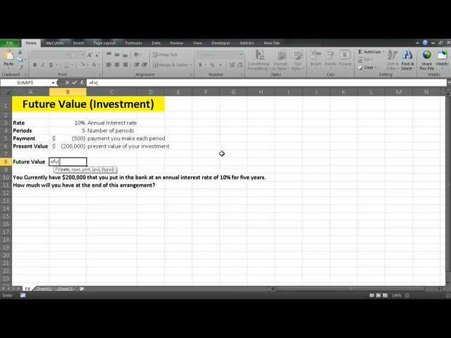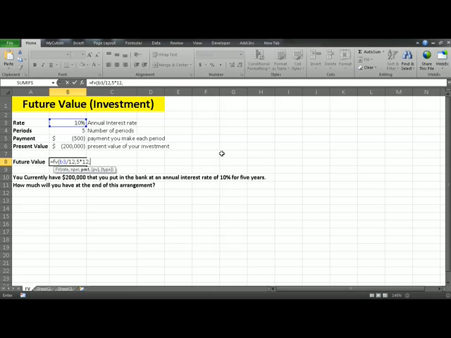So to do that, we have to divide the interest rate, which is in B3, by the number of months in a year, comma. NPER is the number of periods, that is 5 times 12, so 5 years, and each year has 12 months, comma.